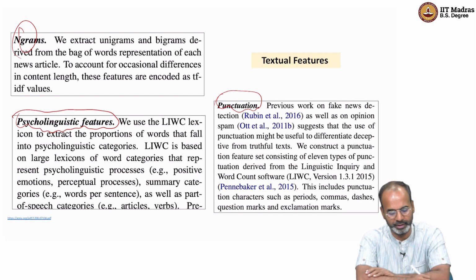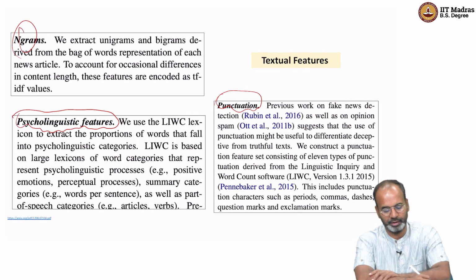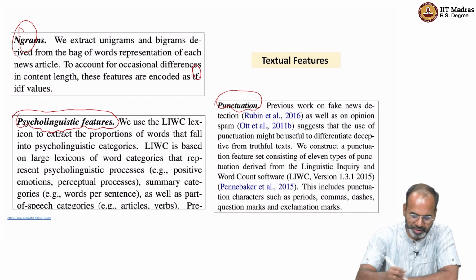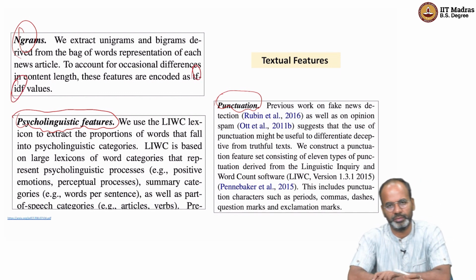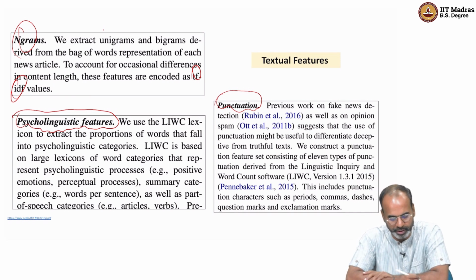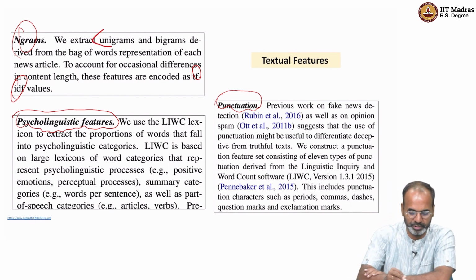To account for occasional differences in content length, these features are encoded as TF-IDF. TF-IDF, which I mentioned some time back, is term frequency inverse document frequency, a measure of the words in a document. That's how unigrams and bigrams are used here.